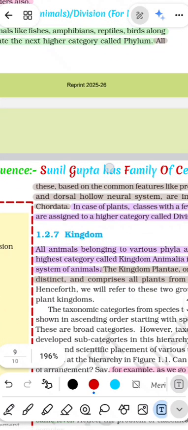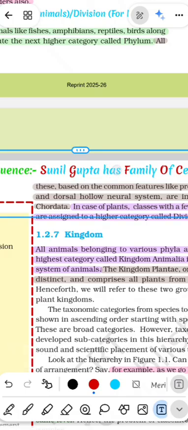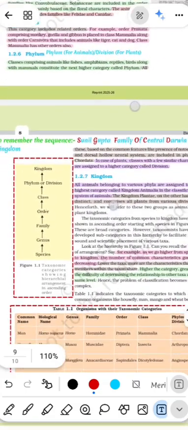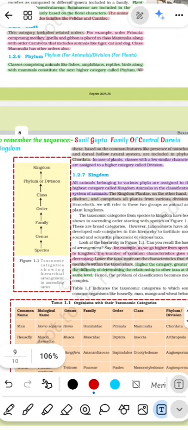So you can avoid this H. You can easily find every word has a designation to remember the sequence. This is a mnemonic I have created. So whenever you forget the exact sequence, please remember: Sunil Gupta, family of Central Darwin Kingdom.